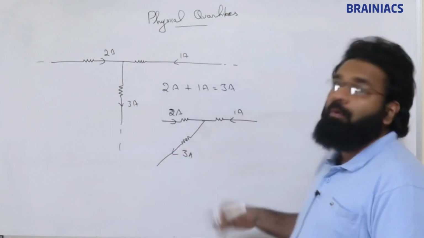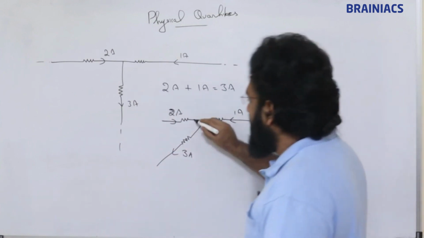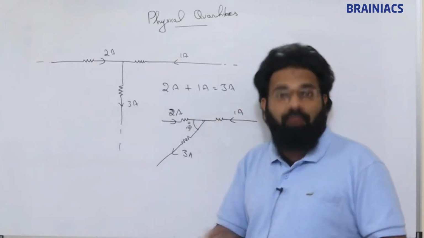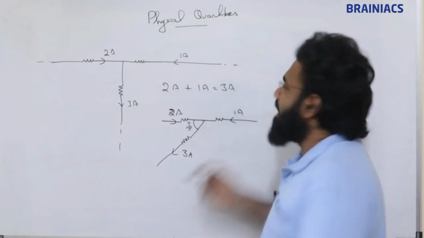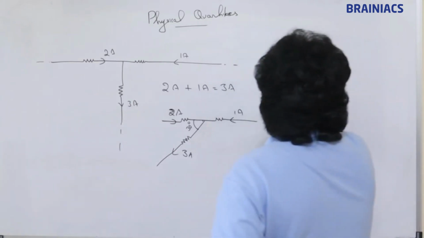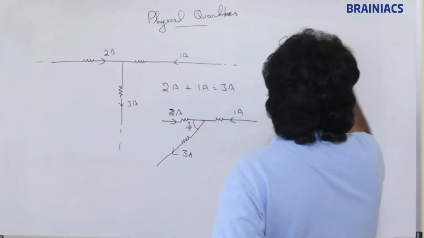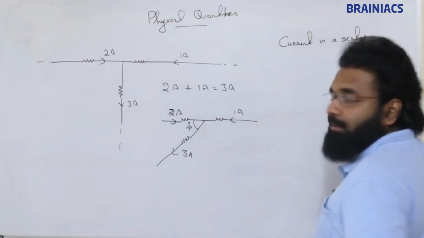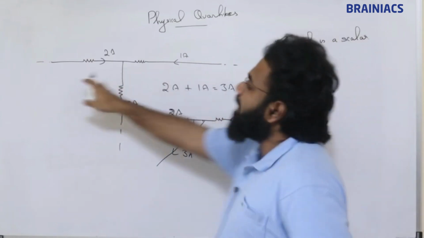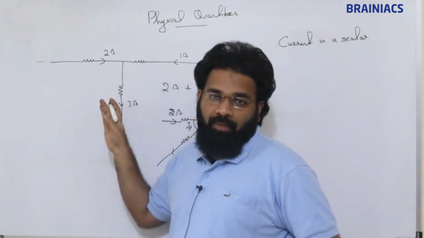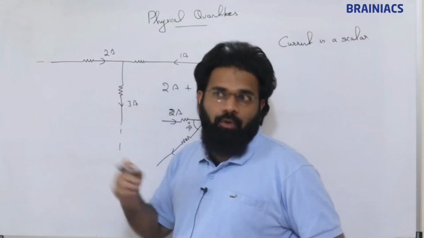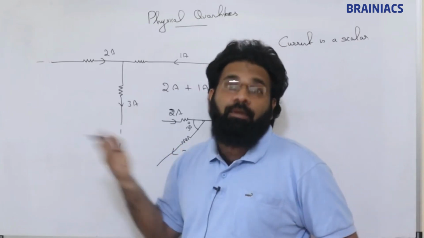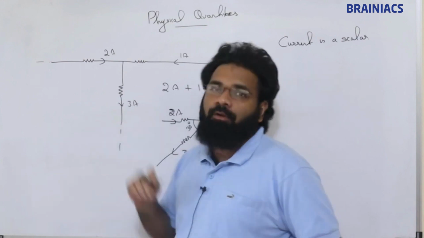If current was following vector algebra, we would have considered the angle and direction, everything. So we can say current is a scalar. Current has got direction also, so it is a matter of discussion. Direction is there, but it is not a vector, it is not following vector algebra.